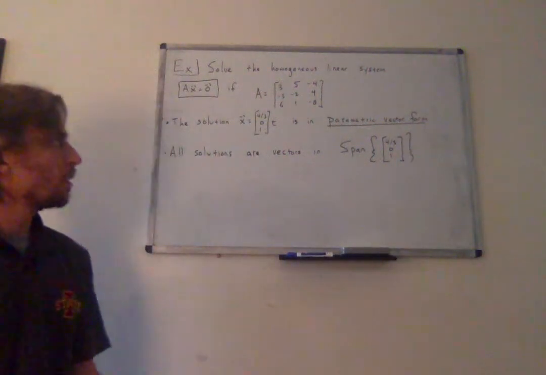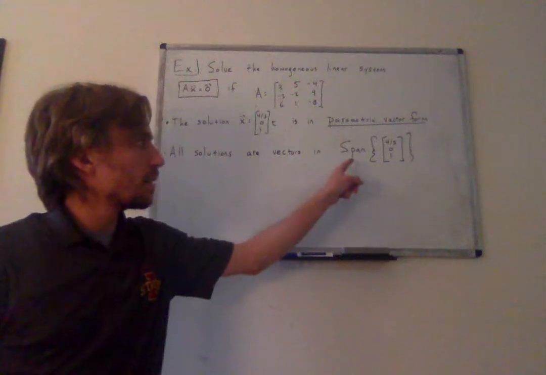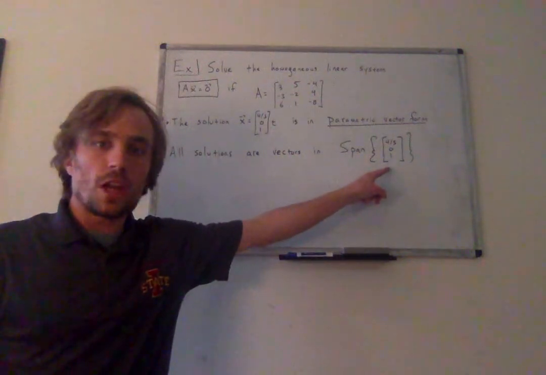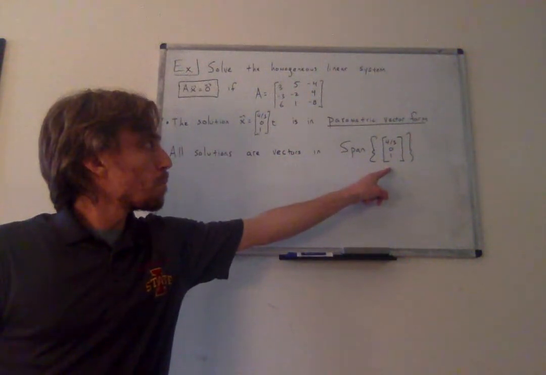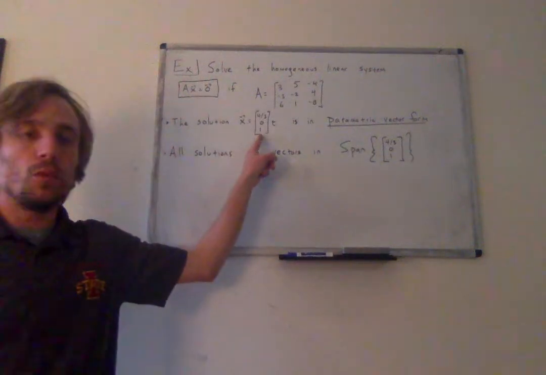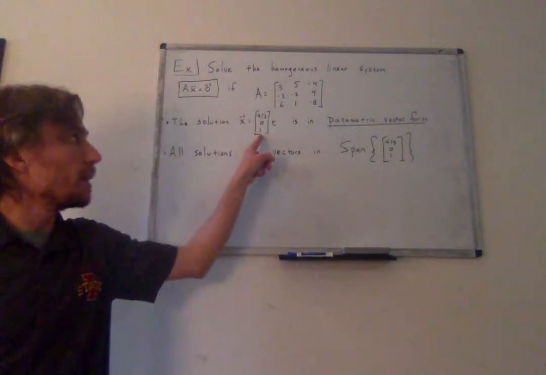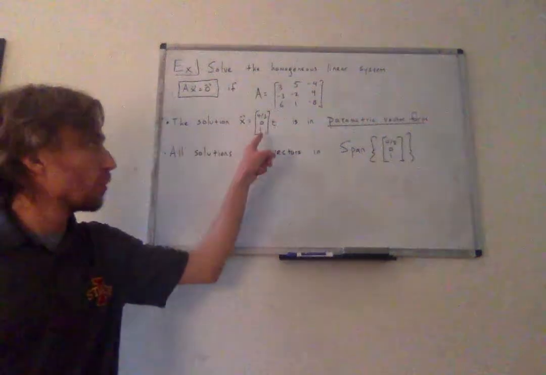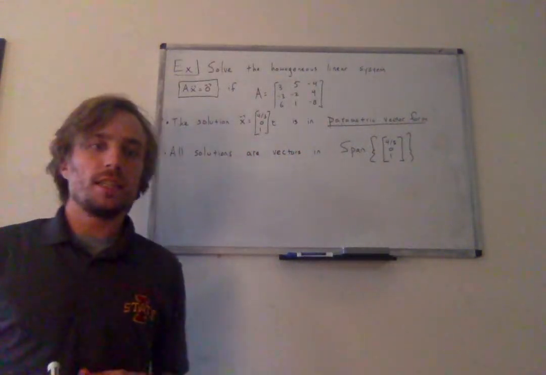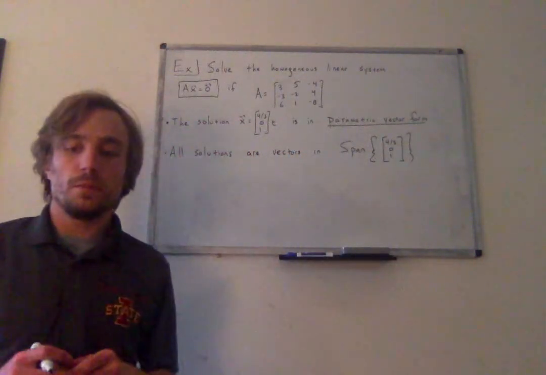Right? Because this set is the set of all scalar multiples of this vector. And that's exactly what this solution is telling me, that any scalar multiple of the vector 4/3, 0, 1 is in fact a solution to this linear system.